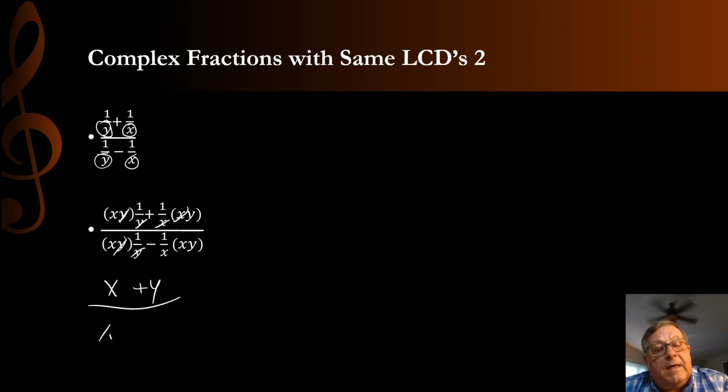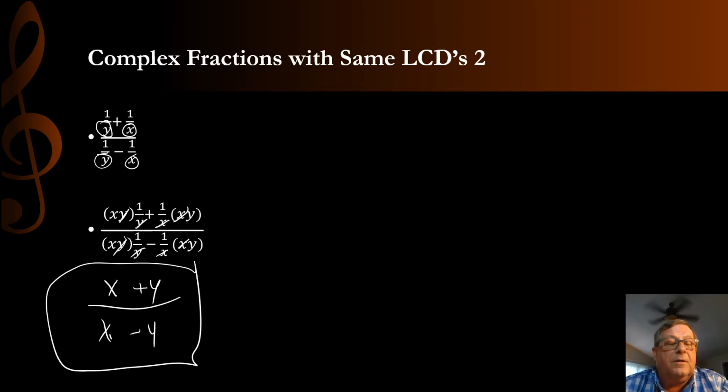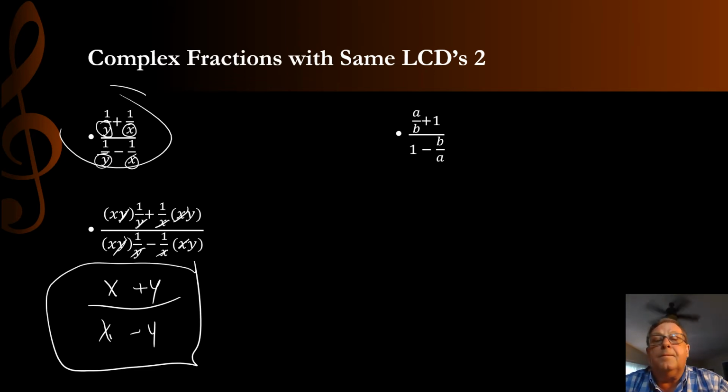And then I got negative 1 over x. The x's cancel, and negative 1 times y is negative y. And our answer there, simplifying this original complex fraction, is x plus y divided by x minus y. One more, I know you can't wait.